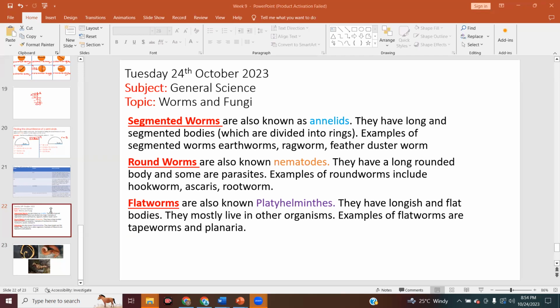Korai, where's Korai? Annelids. What's another word for annelids? Segmented worms, very good. LeVar Brown, what is another word for nematodes?